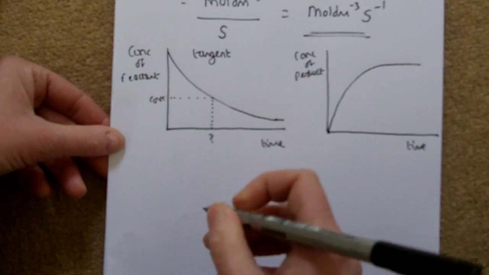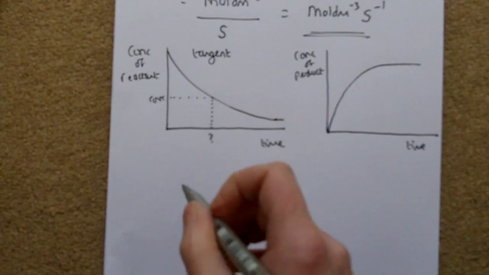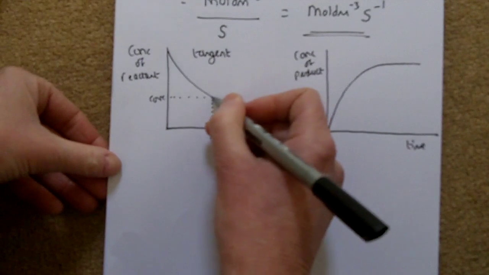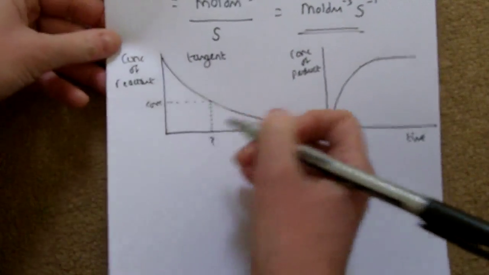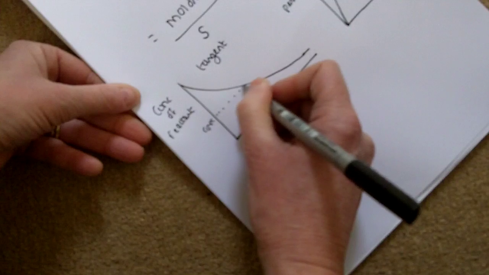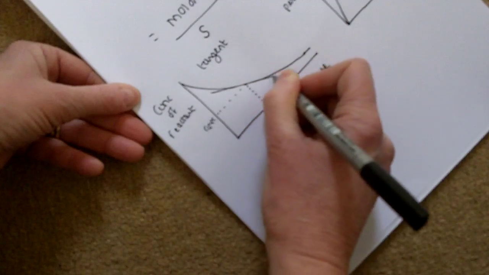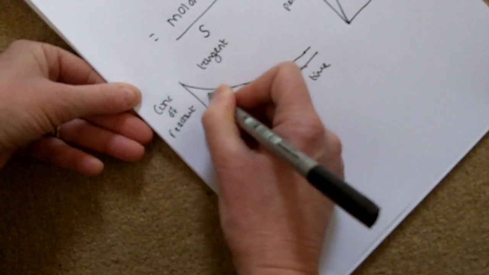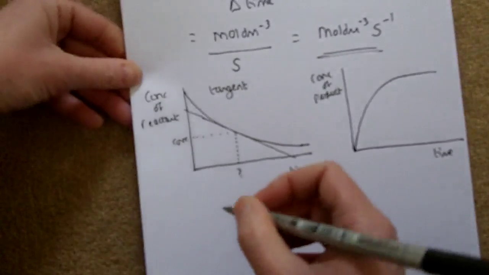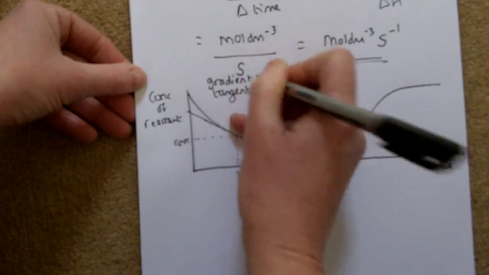A tangent is a straight line, so you need a ruler, a straight line that touches the curve at this point. I'm not going to use a ruler, so my line's not going to be very good, but you need to draw a line that touches the curve at this point. I'm just going to do it freehand, but you would use a ruler, and you make a nice big tangent. Then you find the gradient of the tangent.